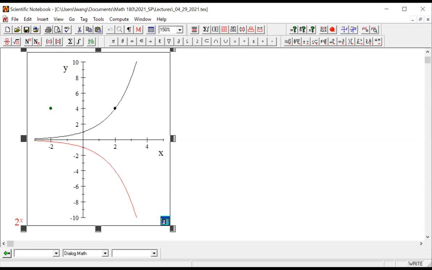So whoever responded to that, I forgot. Could you type your comments on the chat? Is that Cortland or Bailey or Mikhail? Who made that comment? Reflecting with respect to the y-axis.